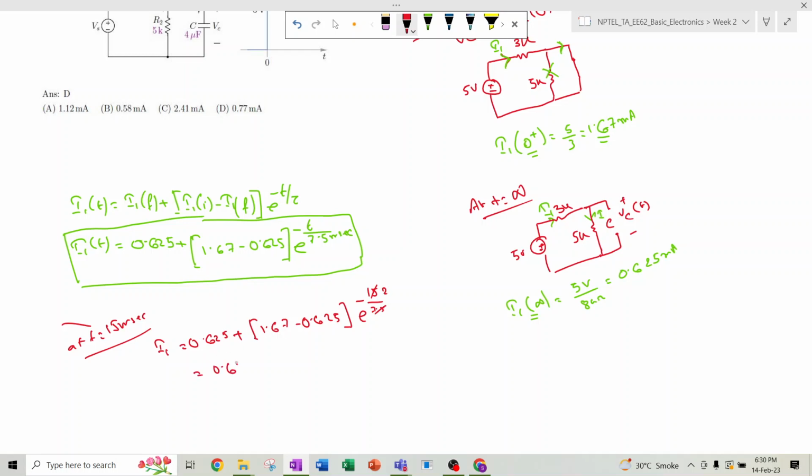So 0.625 plus 1.67 minus 0.625, which comes as 1.045, into e to the power minus 2. So it is multiplied with e to the power minus 2.